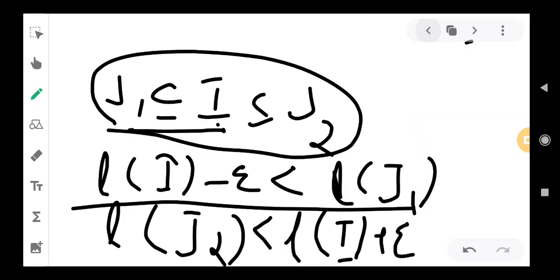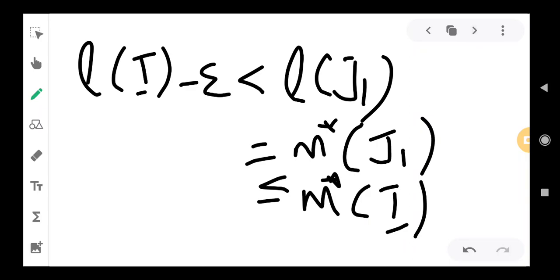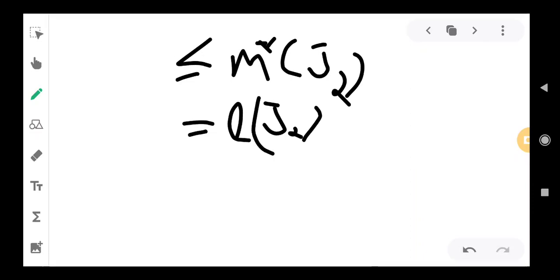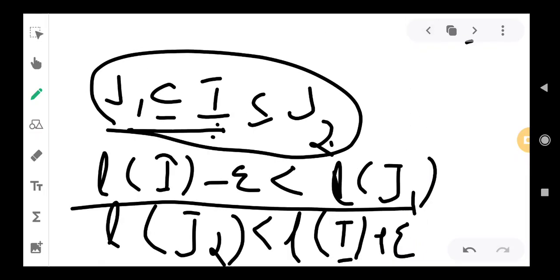Now again using this, m star of I will be less than or equal to m star of J2. Well, J2 is a closed interval, so it will be equal to length of J2. And length of J2 we have, length of J2 is less than length of I plus epsilon.